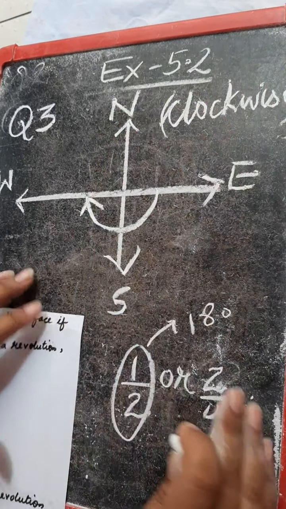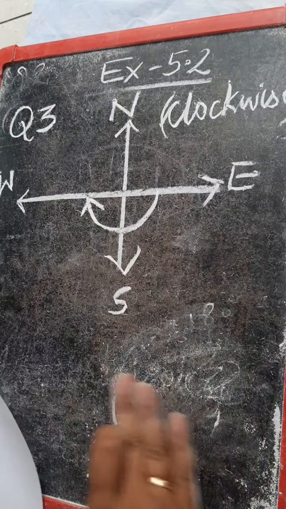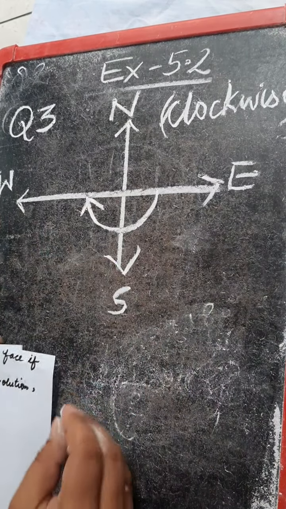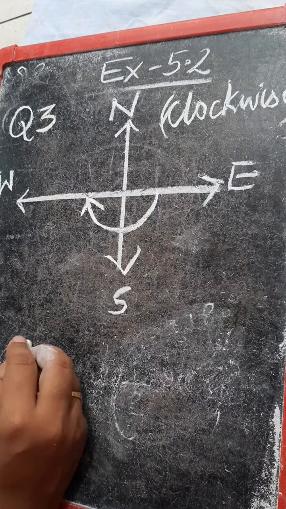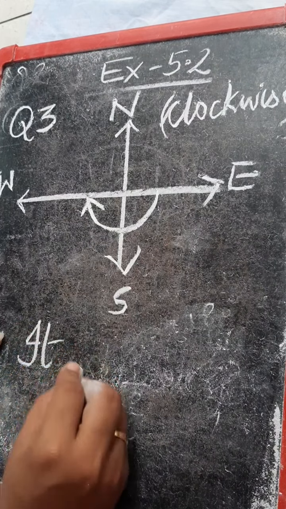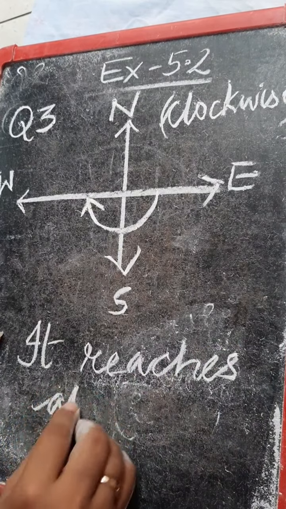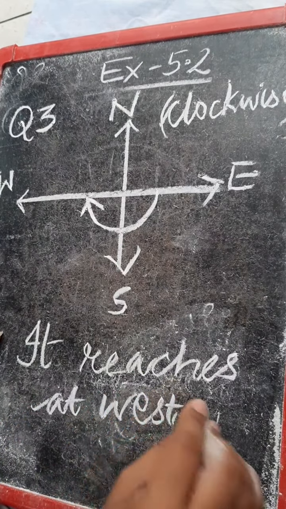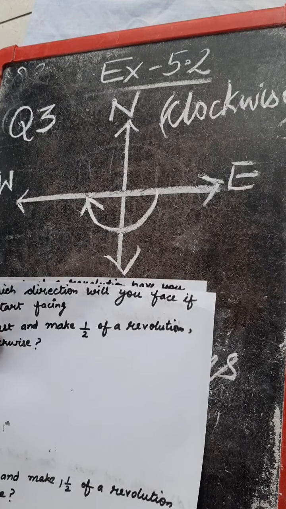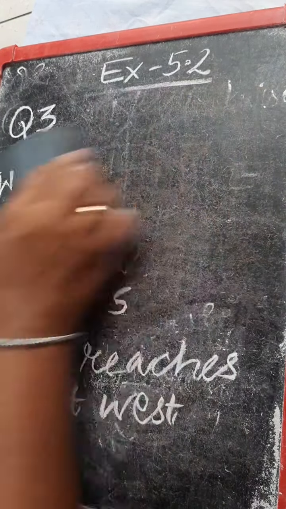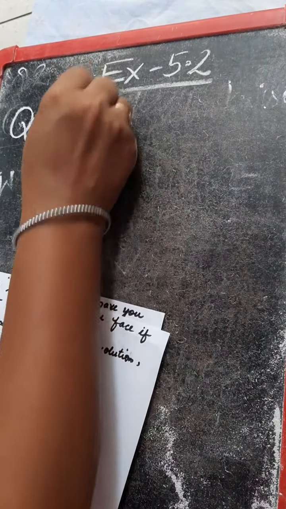Half of a revolution means angle covered is 180 degrees, so it reaches at west. So here we have to write it reaches at west.